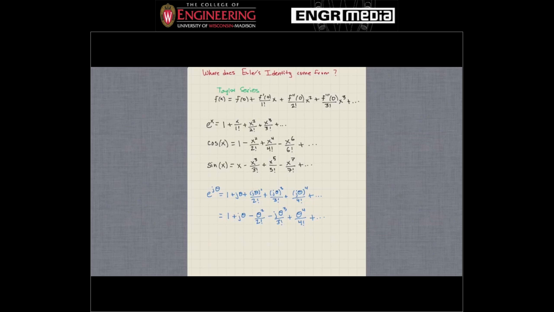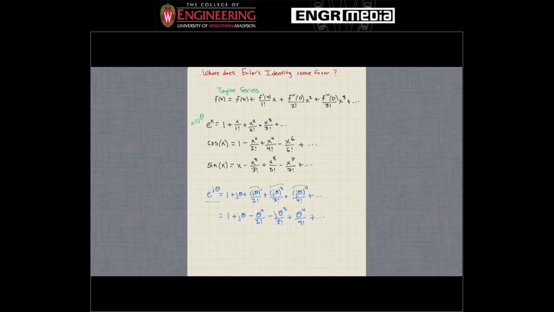So what I have written in blue right here is the Taylor series expansion of e to the x with x equals j theta plugged in. It's exactly what we've done above, but now we have terms involving the quantity j times theta squared, j times theta cubed, j times theta to the fourth.